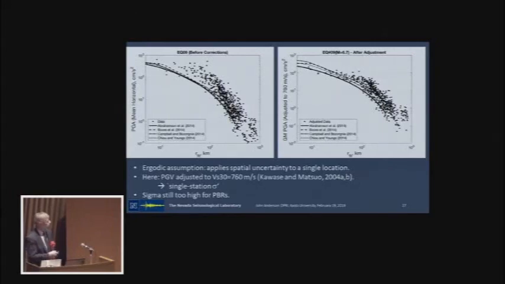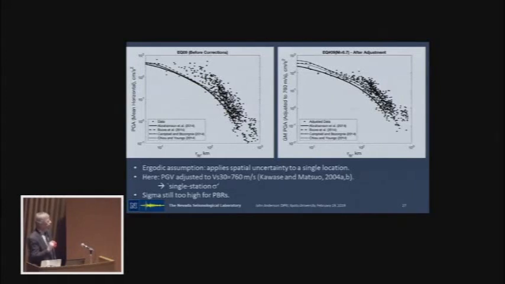So the corrections of Kawase and Matsuo are, in a sense, going in the right direction to eliminate or minimize the effect of this ergodic assumption, this incorrect ergodic assumption. And they're essentially equivalent to what some other people have called single station sigma.